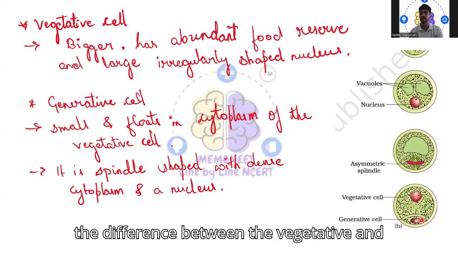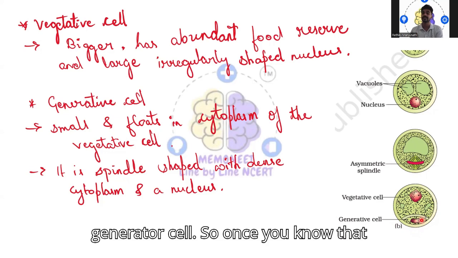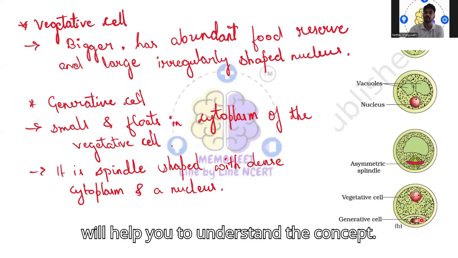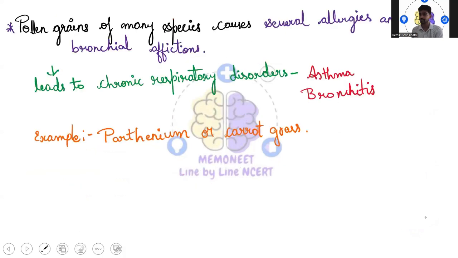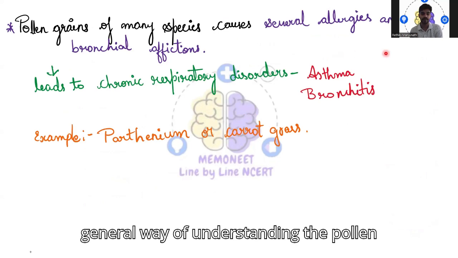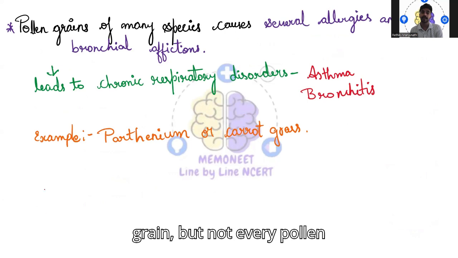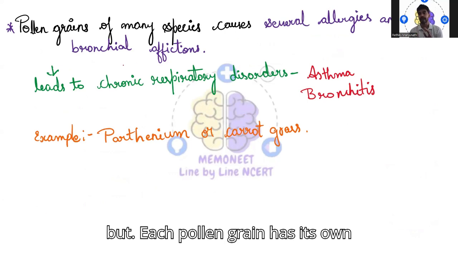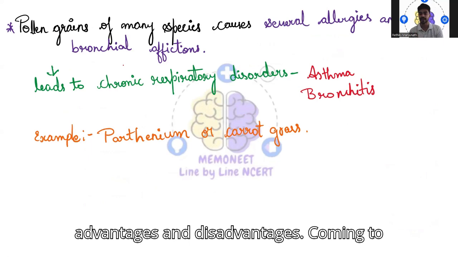So you should know the difference between the vegetative and generative cell. Once you know that, it will help you to understand the concept. This is the general way of understanding the pollen grain, but each pollen grain has its own advantages and disadvantages.